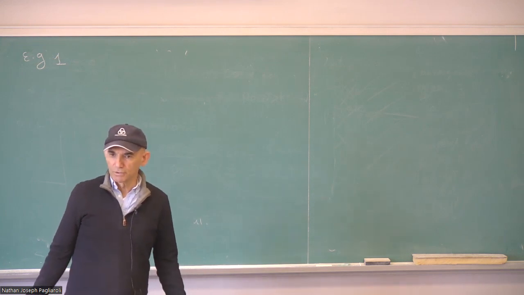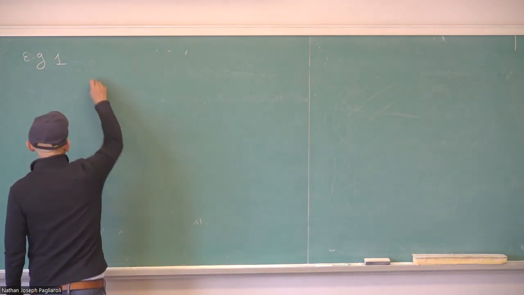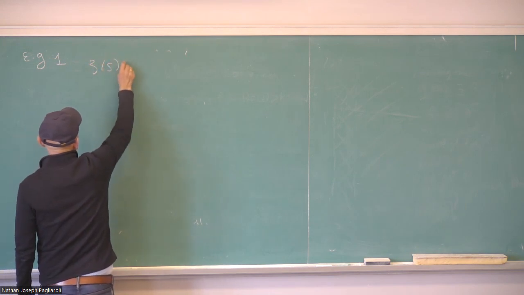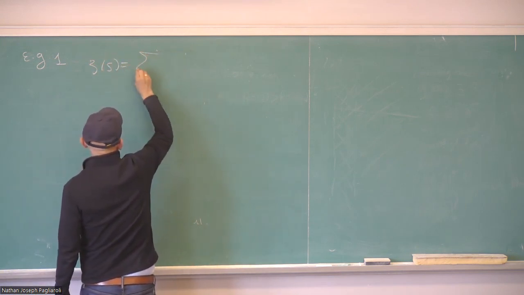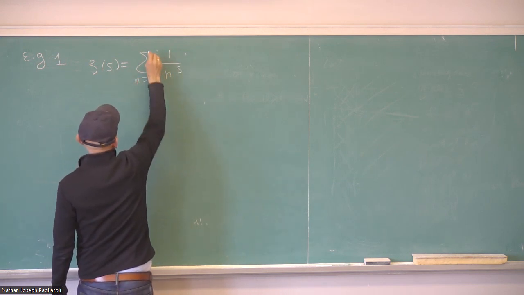It's the zeta function. It doesn't get as simple as that. So zeta of s equal to the sum of 1 over n to the s, from n equals 1 to infinity.